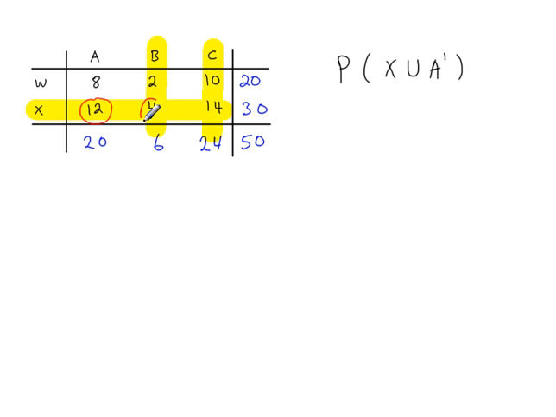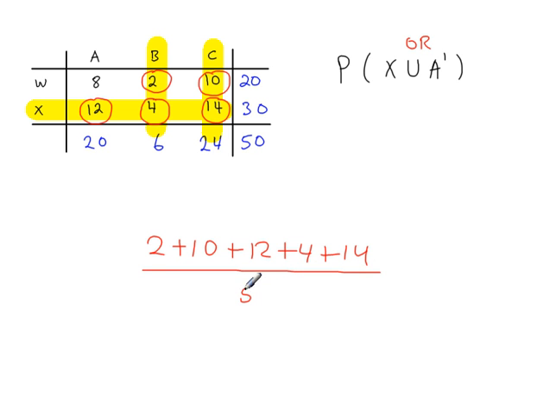So these numbers are all to be added together. So for example, that 2, it's in either event X or it's in event A dash. Yeah, so that's or. So 2 plus 10 plus 12 plus 4 plus 14 out of the table total 50.